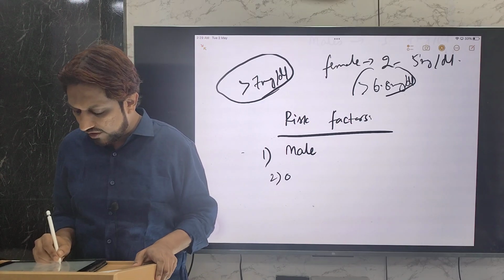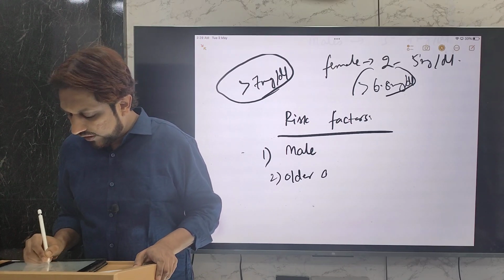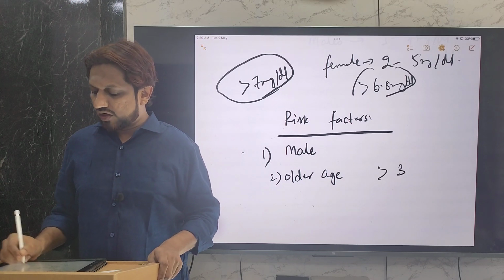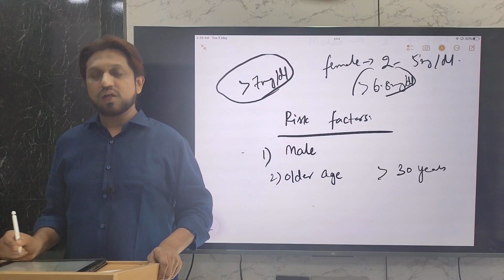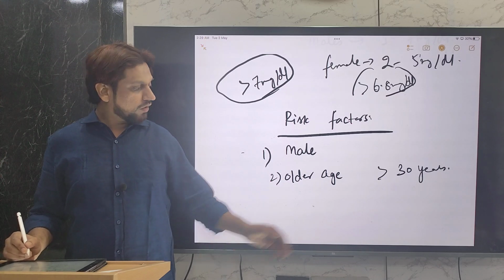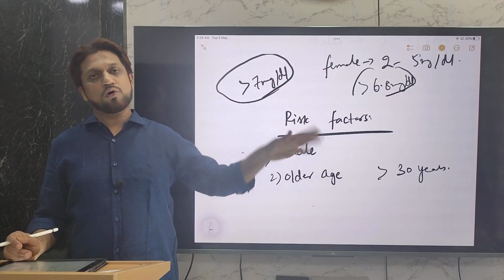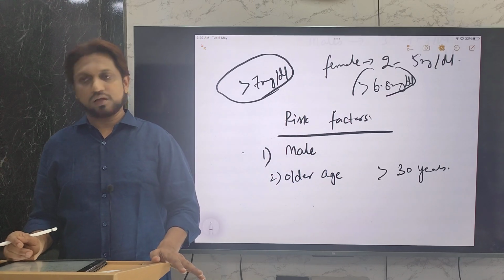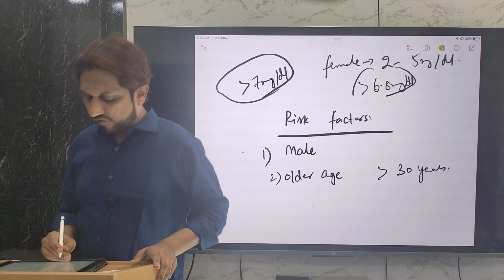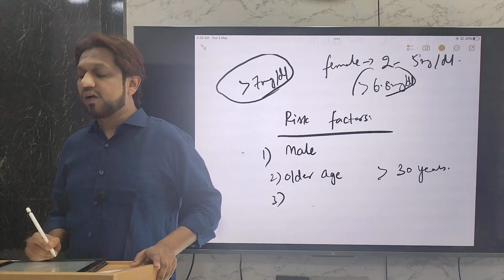Then the older age group. Generally people more than 30 or 40 years of age suffer from this condition. As age advances, the person is more likely to get gout. Younger people are generally not affected by this disorder.